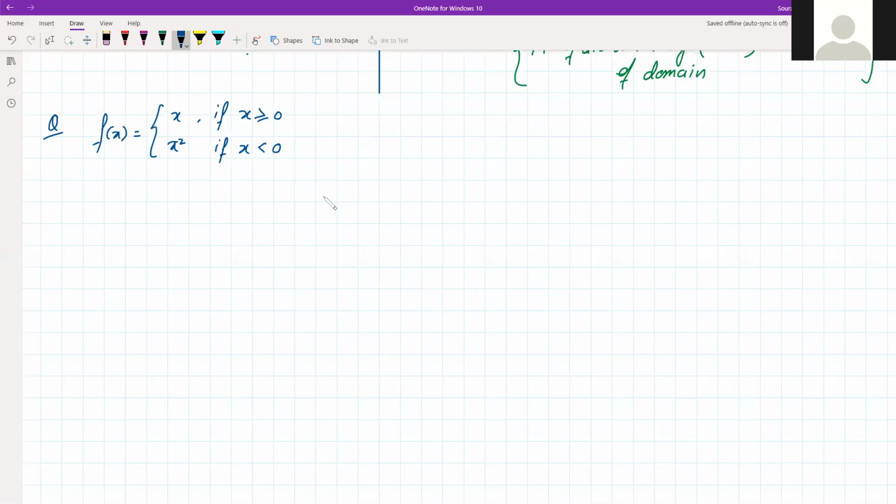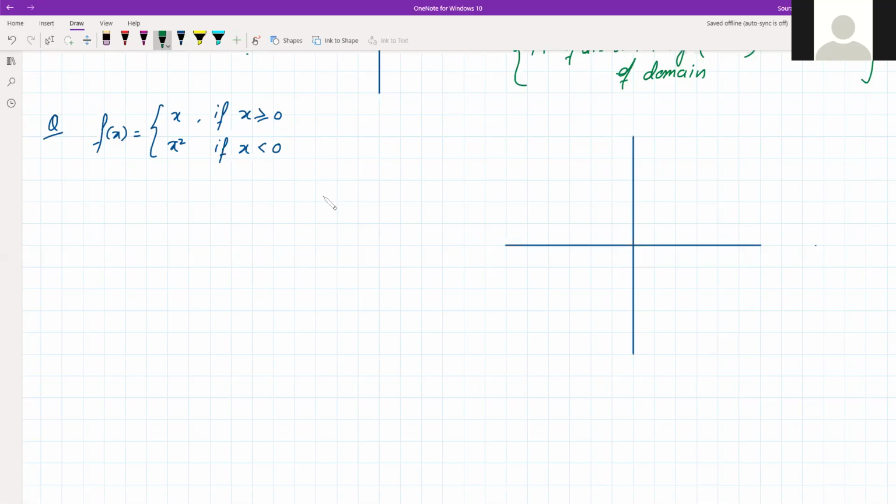In order to do that, we can actually even draw the graph first if you want, or we can start with solving this. Let's draw the graph of this function first. Now here again it has two parts, x greater than or equal to 0 and x less than 0.